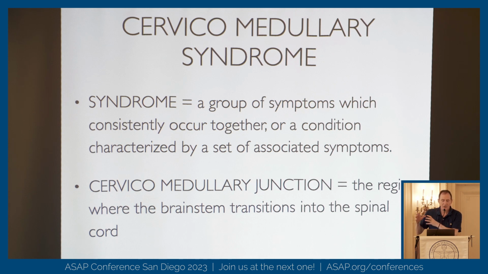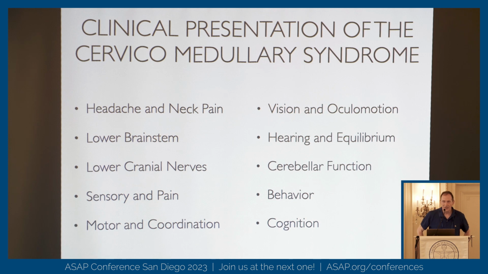So a cervical medullary syndrome is the collection of signs and symptoms which are typical for what's happening here. And it doesn't really matter what is causing it. Okay, it can be a tumor, can be congenital, can be a trauma. What happens here produces a monotonous sum of signs and symptoms, sometimes more severe, sometimes more mild, sometimes nothing.